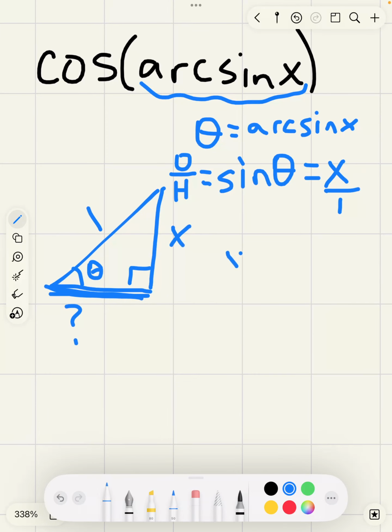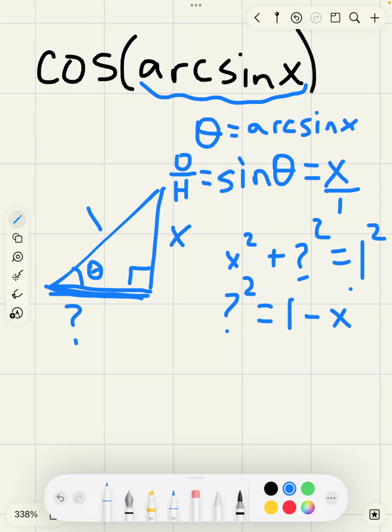So setting up Pythagorean theorem, we get x squared plus question mark squared is equal to hypotenuse squared. So if I do a little bit of algebra, then this is the result.